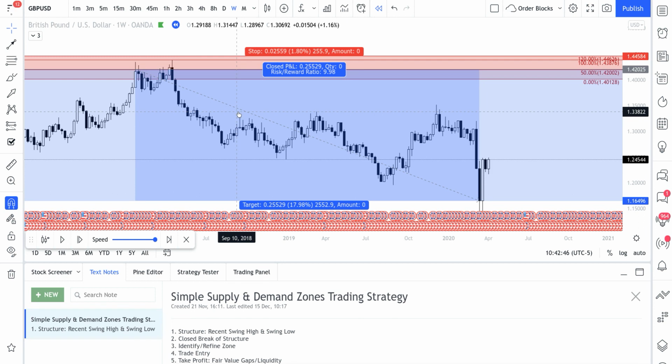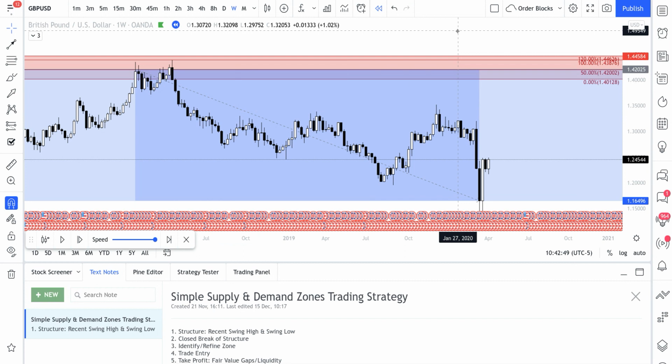Because with this strategy, it's going to minimize your risk to reward. And even though you may lose a few, I guarantee you that the amount of money you win will certainly be a lot more than what you lose.